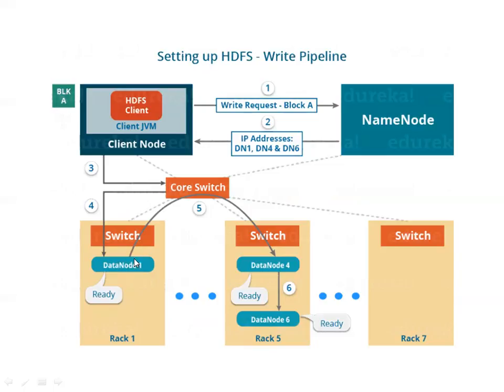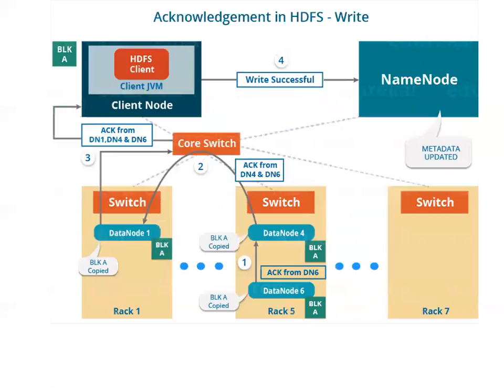Then, as you know there is replication, data node 1's job is to place the data in some other data nodes. It will place the data in data node 4, and for example data node 6, so it is stored in 3 places. That is replicated.